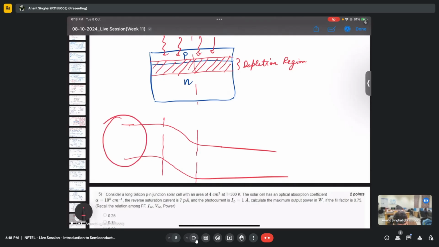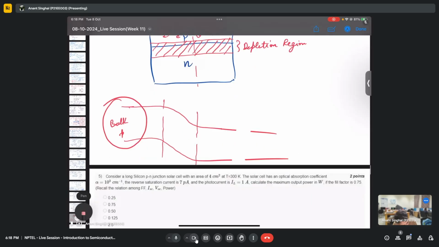So this is bulk P, this is bulk N. This we have already discussed, but if we have some incident light, we have electrons traveling from here easily, because electrons travel down the hill easily, and the holes will be going from here to here.